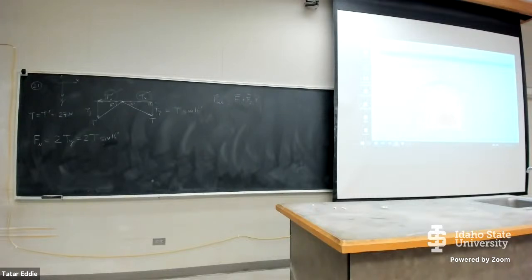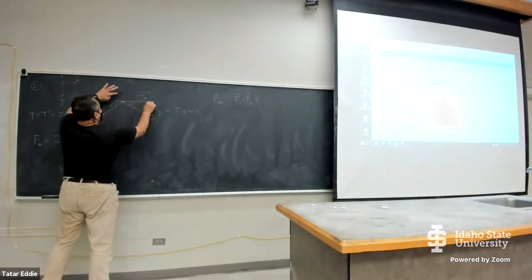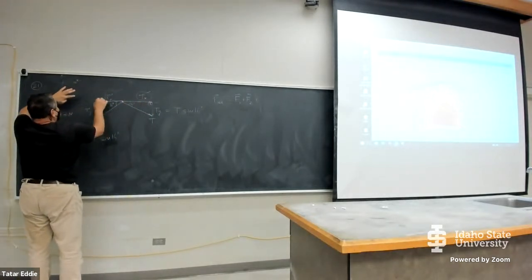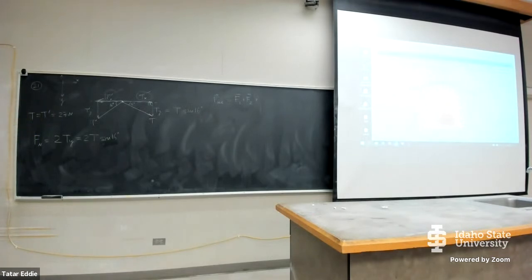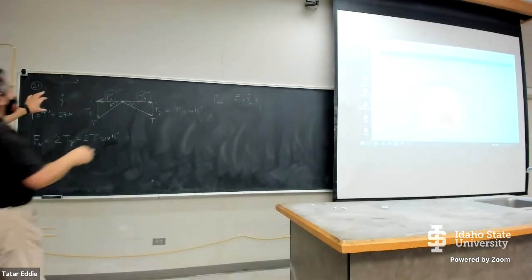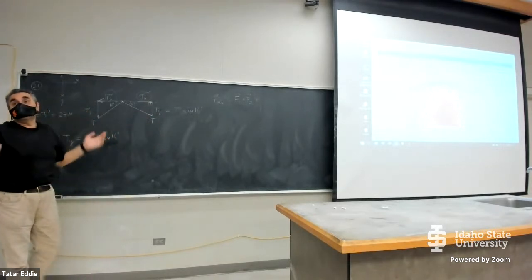Since Tx and T prime x were the same and we canceled them, why did we not do that to Ty? Notice that Tx points this way, while T prime x points in the other direction. So in opposite directions they cancel out, while the y components point in the same direction and you add them up.